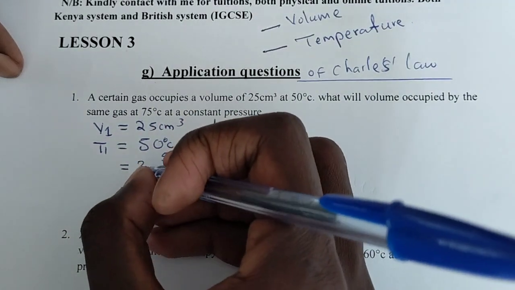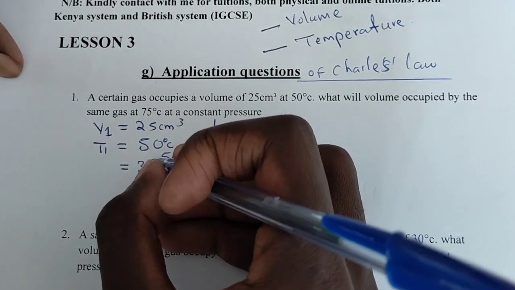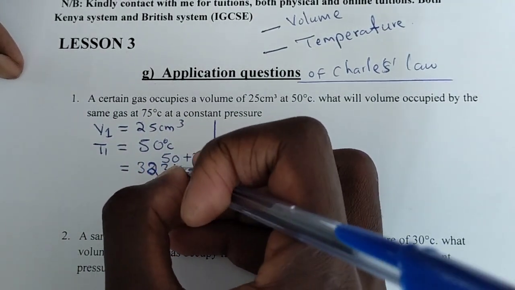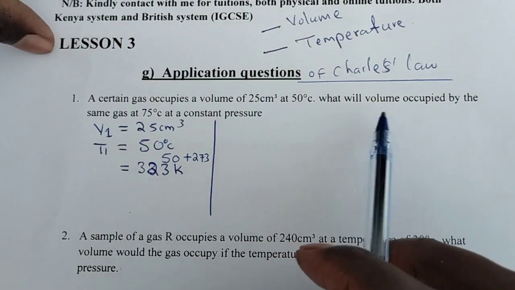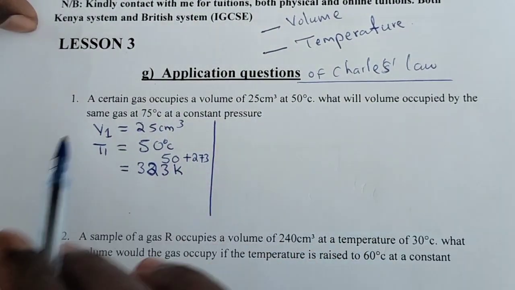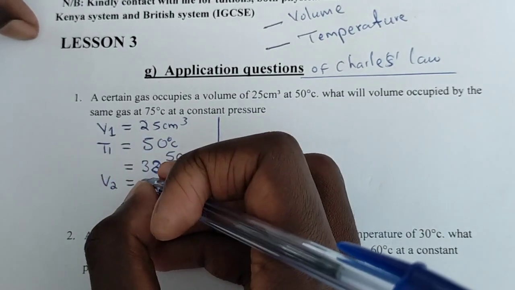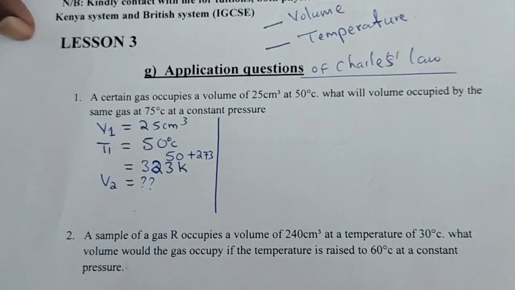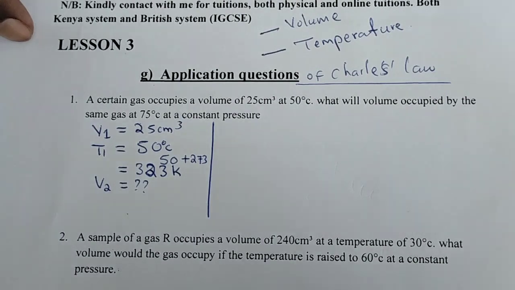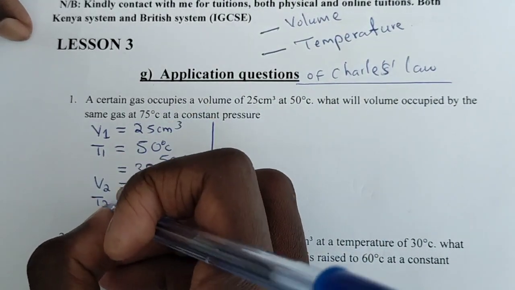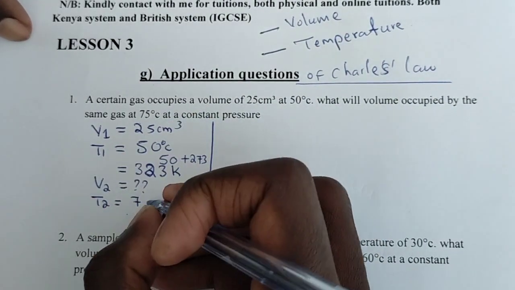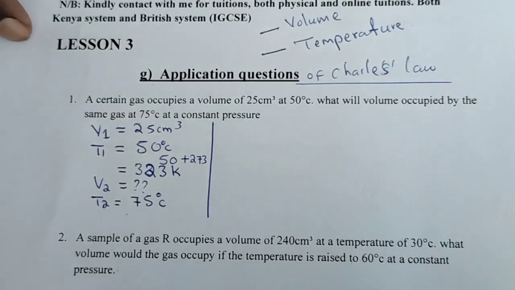So we have 323 Kelvin. What volume is occupied by the same gas? So meaning we have volume 2. We don't have it; that is the volume that we need to calculate. At what temperature? At a temperature of 75 degrees, meaning temperature 2 is 75 degrees Celsius.